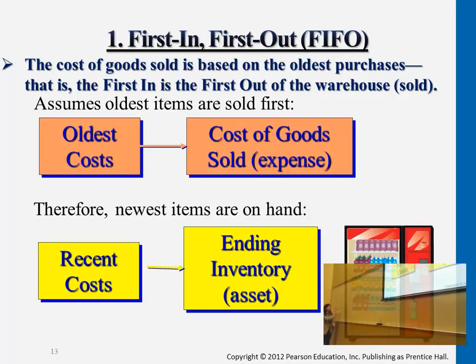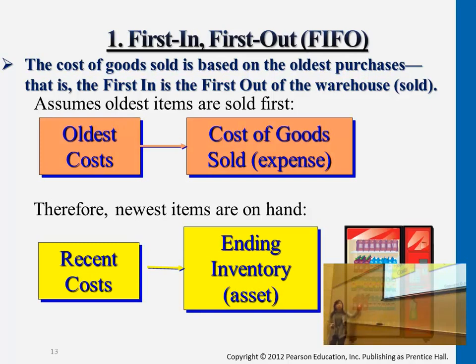So if I purchased 1,000 bottles earlier in January, and then another 1,000 bottles in February, and the earlier cost is 50 cents, I assume the first 1,000 bottles I sell to customers, whenever I make a sales transaction, use this 50 cents as the cost. Starting from 1,001, I will use this 51 cents as the cost for the sales transaction.